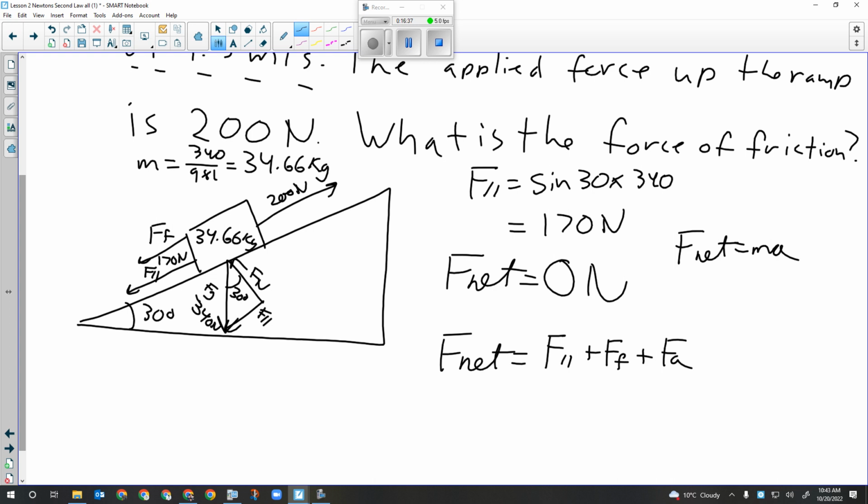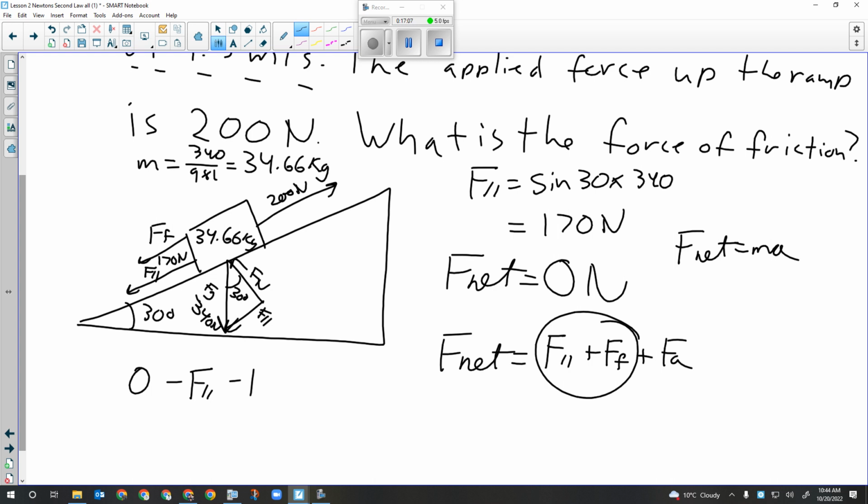Since my net force is 0, I know that these two forces have the same magnitude as FA. The force up the ramp and the force down the ramp have to be equal if our net force is going to be 0. So really what I'm looking at here is that F parallel, well actually 0 minus F parallel. So friction would be 30 newtons.